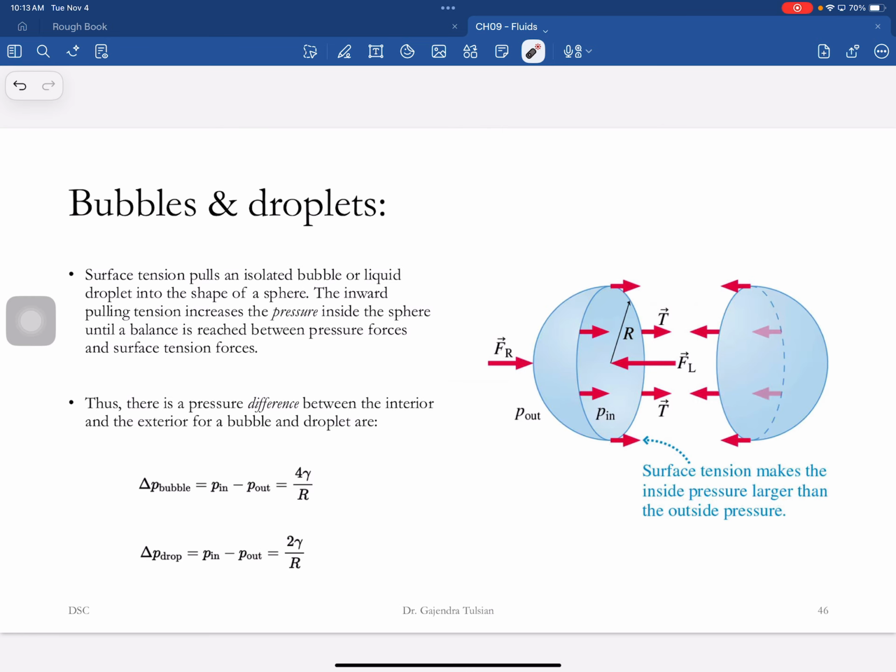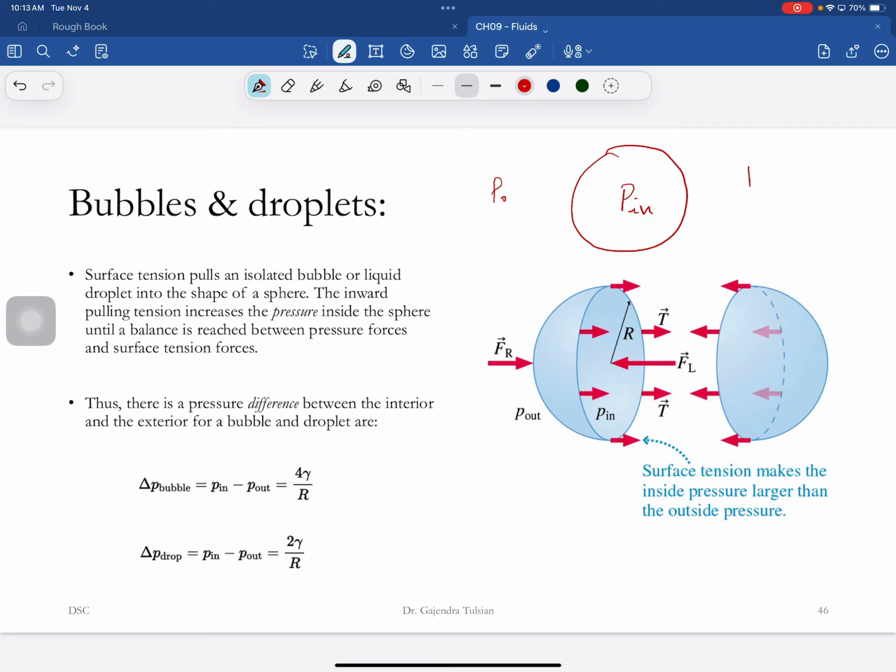So what that means is, if you have a bubble, and this is atmospheric pressure outside, the pressure inside has to be greater than the outside pressure. That's because the surface tension is pulling this half of the bubble that way, and so this higher pressure has to maintain that.